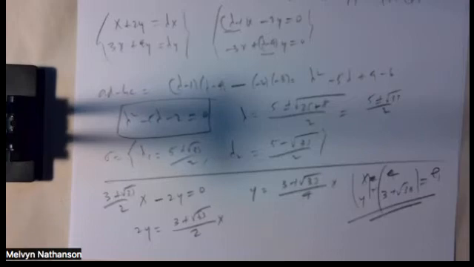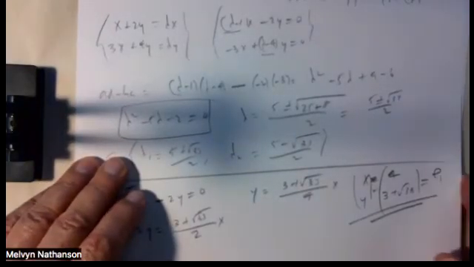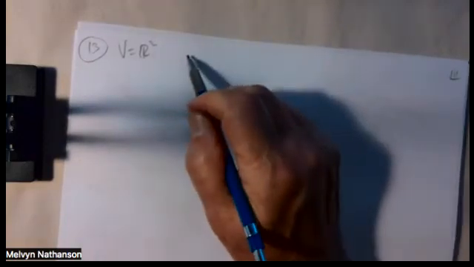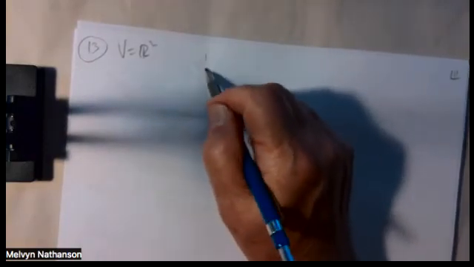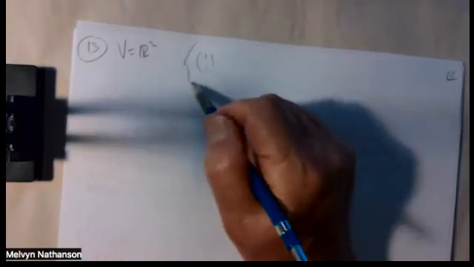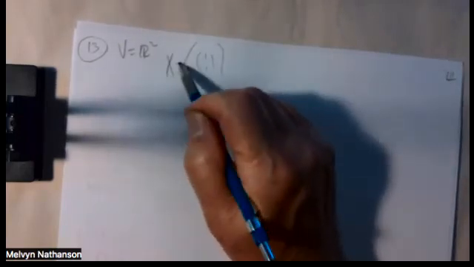Let's look at problem 13. So here the vector space is R2, and I take the vector 1, 1. And so I just have a set with one vector in it, 1, 1.